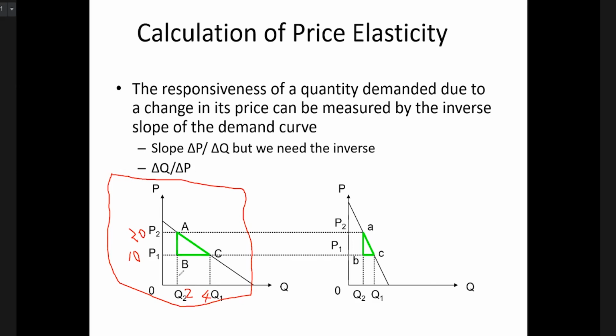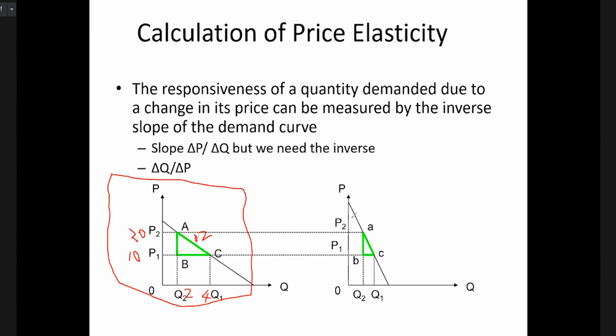Then what is the slope of this? Delta Q, it is 2 divided by delta P, it is 10. So 2 divided by 10, it is 0.2. Yeah, very correct. So we are having 0.2 as the slope. So that's the slope.